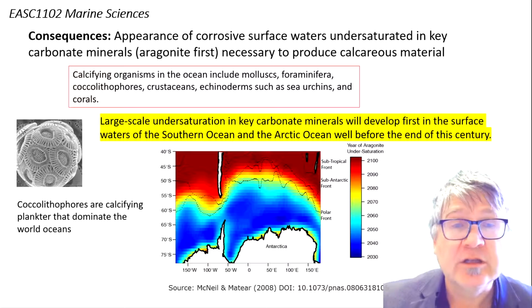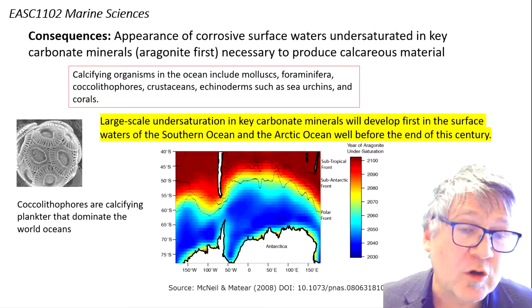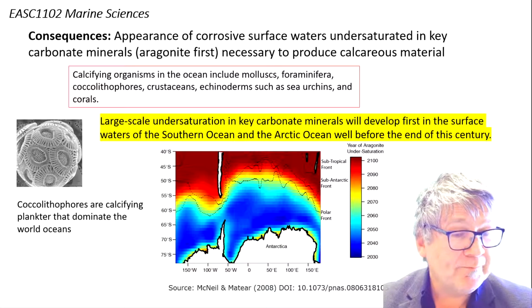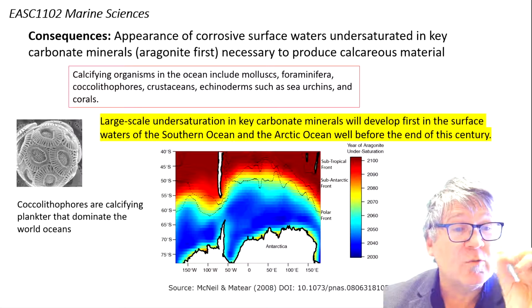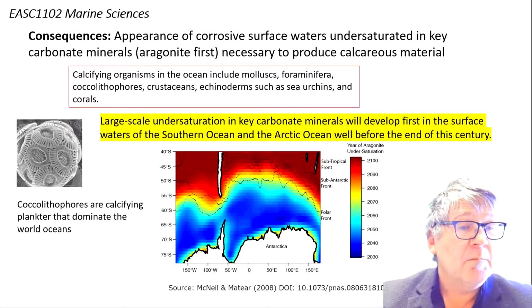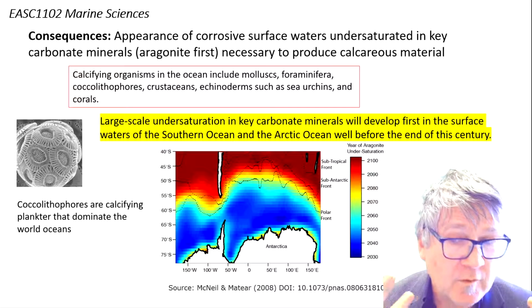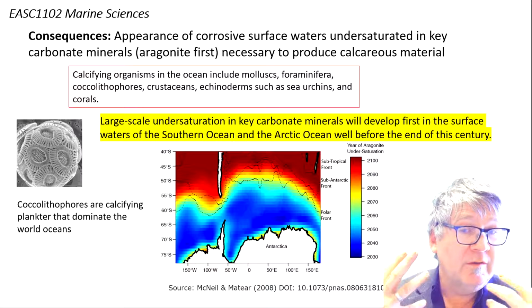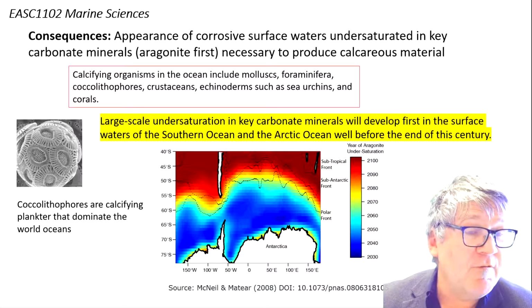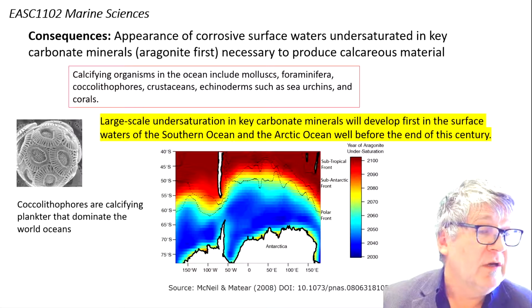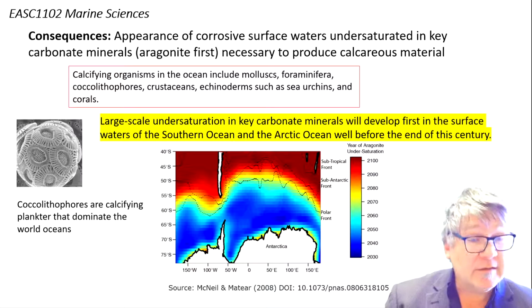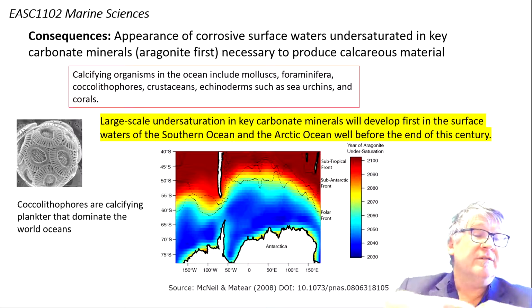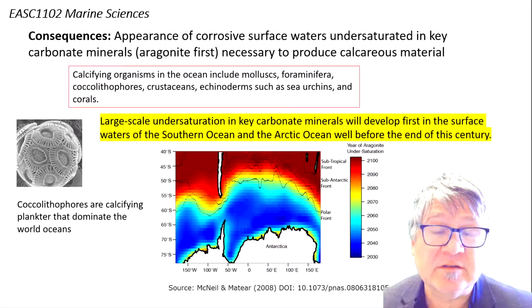And in large areas of the Southern Ocean, shown here. And it's a significant switch. It's like a switch which makes it impossible for these calcifying organisms to form. Okay, and there will be a transition phase where production will be significantly hindered, but this transition phase is only a few years.